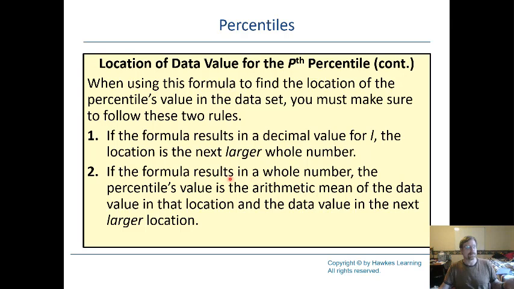Okay, so if the formula results in a whole number, huh, I missed this one when I looked through the text. Apparently you average. So if I was looking at item 2 on the list, I would average the values for item 2 and item 3 and report that as the percentile value.